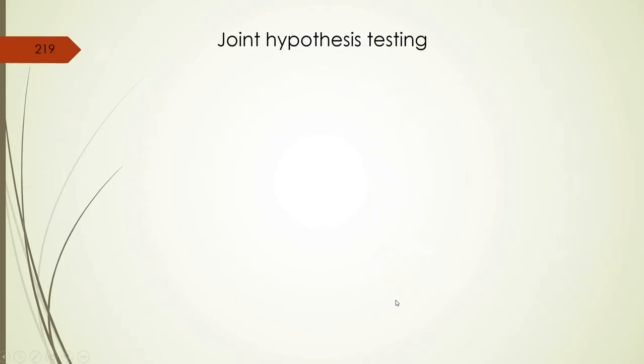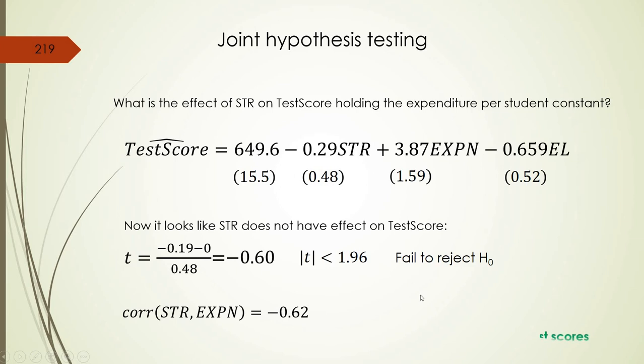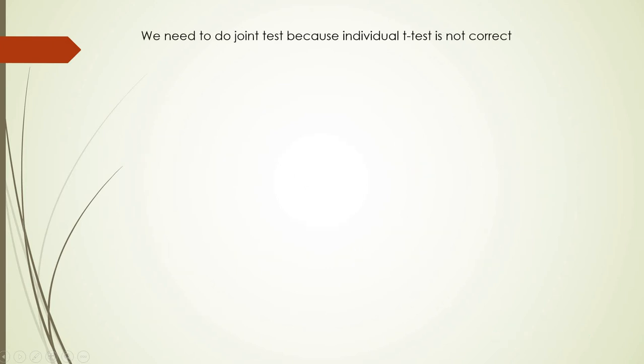What can we do in that case? We need to do joint hypothesis testing because individual tests are not correct, because we already talked about the problem of multicollinearity, that the software is not capable of dividing the influence of student-teacher ratio on test scores from the influence of expenditure per student, expenditure per district, on test scores.